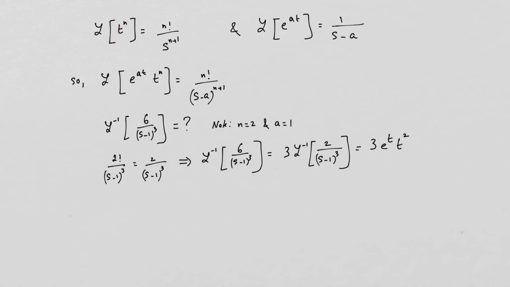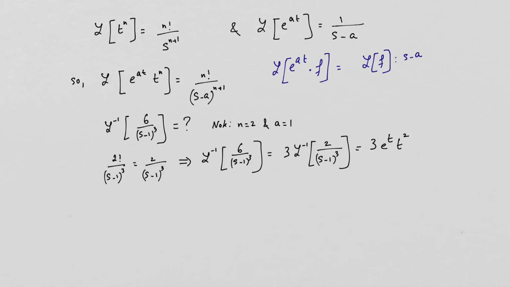Laplace of polynomials is this, right? And you may remember that Laplace of e to the at is just 1 over s minus a. In fact, we proved in class that Laplace of e to the at times any f is the same thing as Laplace of f, except that we replace s by s minus a.